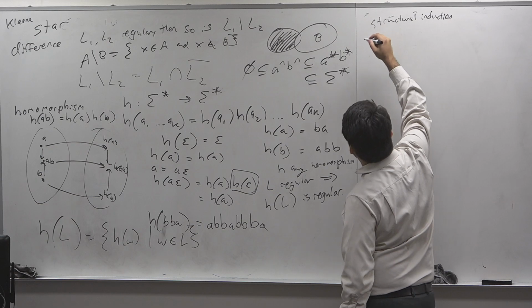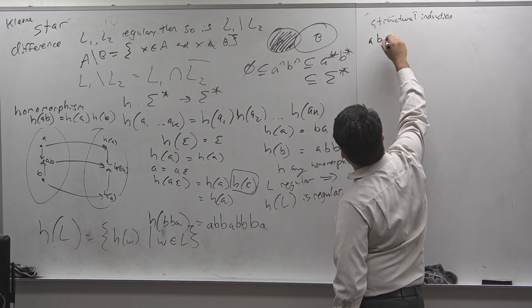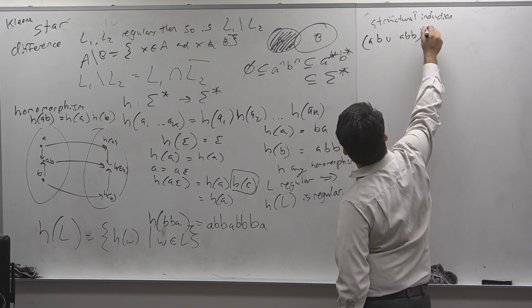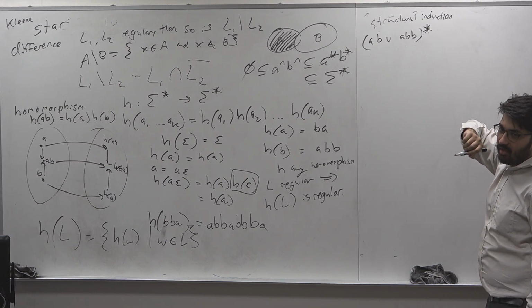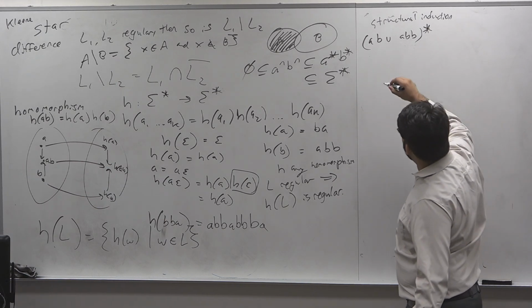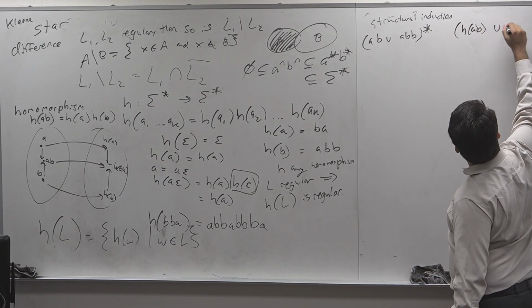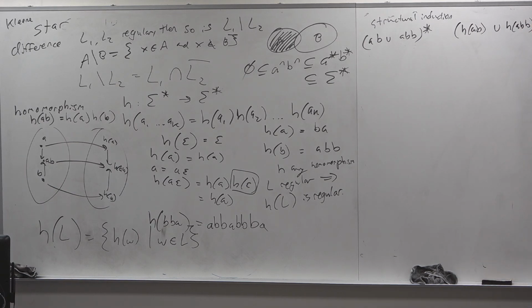If you have, let's say, a regular expression with A, B, union, A, B, B, star, all you do is replace every instance of A with H of A and every instance of B with H of B. That technically works. The proof is by a structural induction, though. So that's one solution. I think it's less obvious than the second solution.